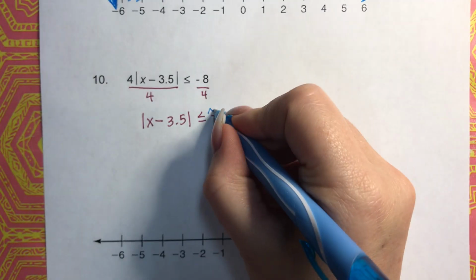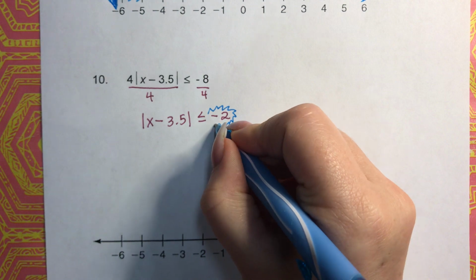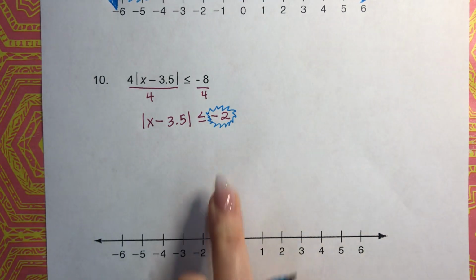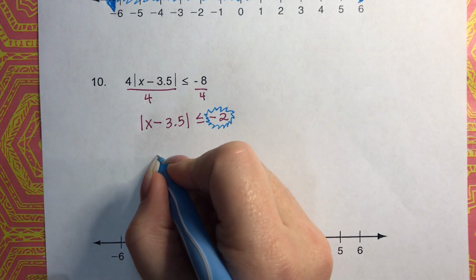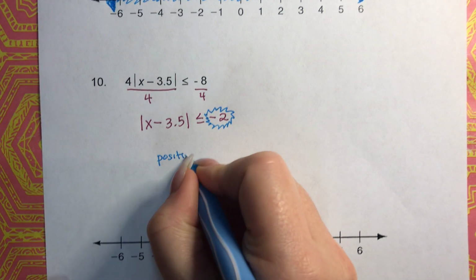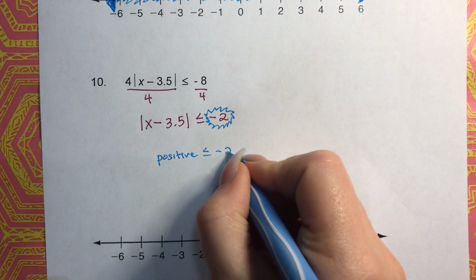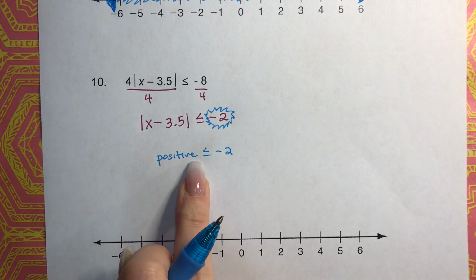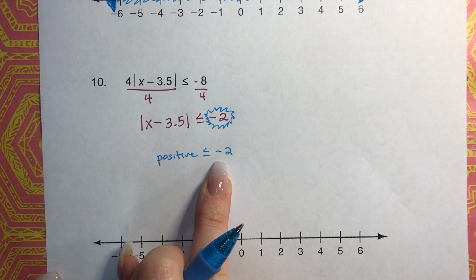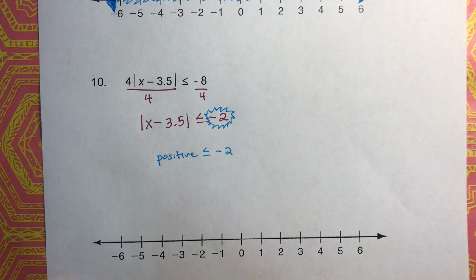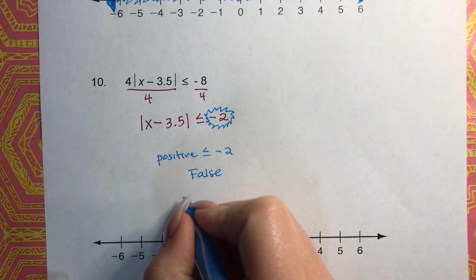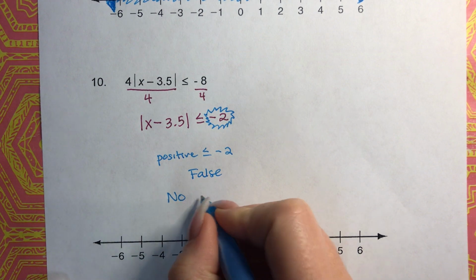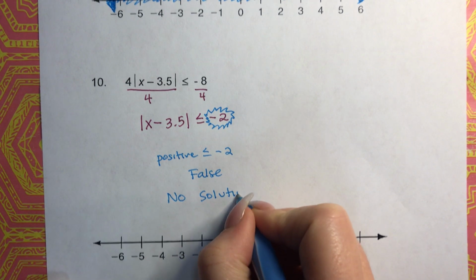This ends up equaling a negative number, so we have to interpret these results, okay? We know this is always going to be a positive, right? So positive less than or equal to negative 2. So is a positive number less than or equal to negative 2? A positive number is never going to be less than negative 2. So this is a false statement, which means our answer is that there are no answers. Our answer is no solution.